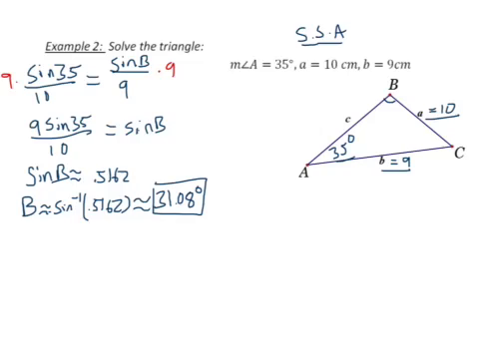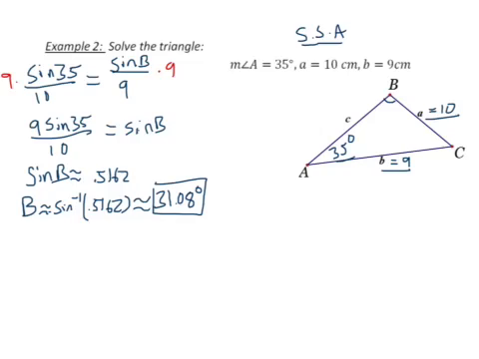Now, when we look at this, we need to think about our unit circle. If we go to our unit circle, we know that the sine is the y value of the points on this unit circle.